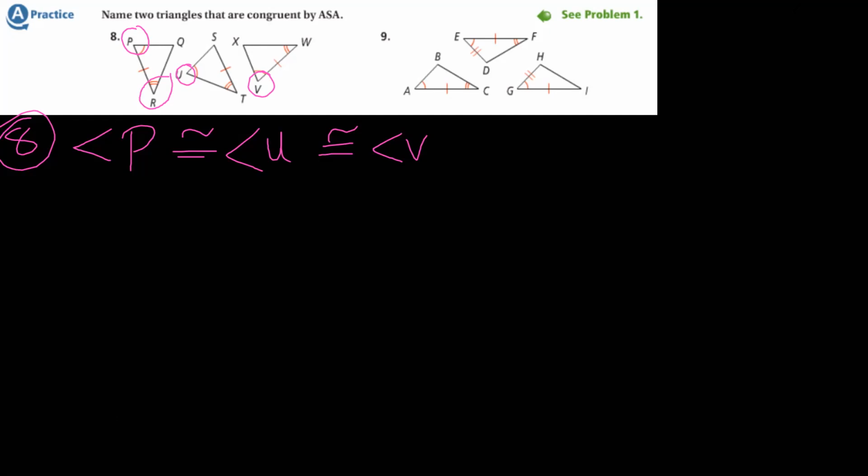Angle R and angle W. What about angle T? It's also congruent. They have the same mark. So angle R with W with T.